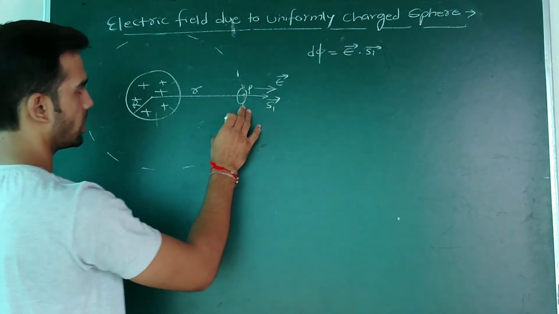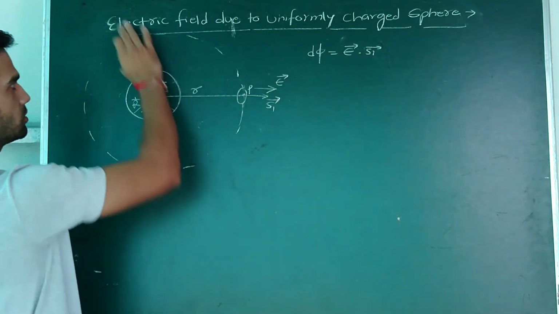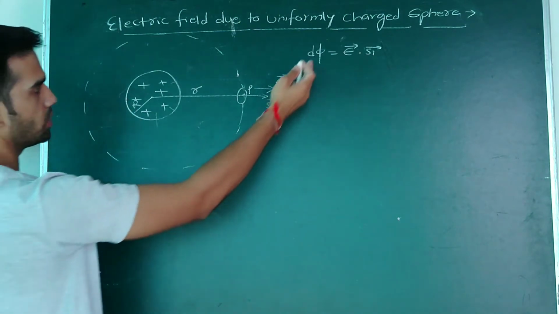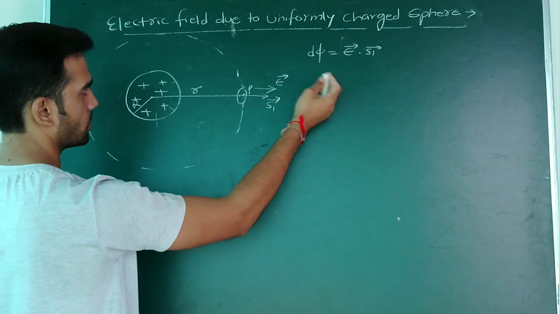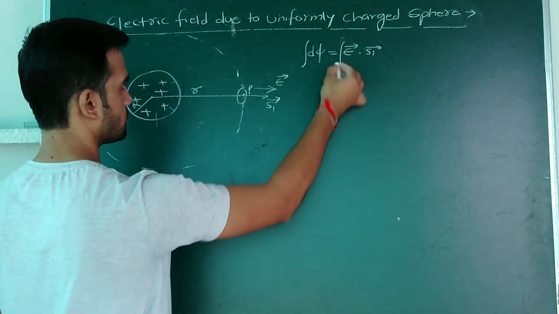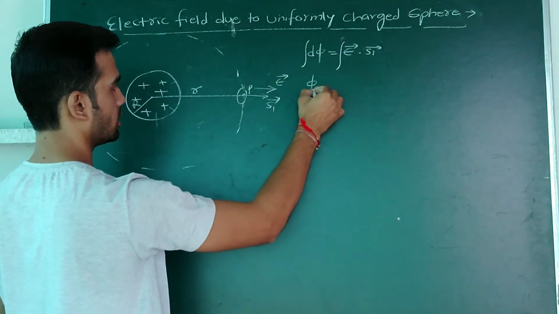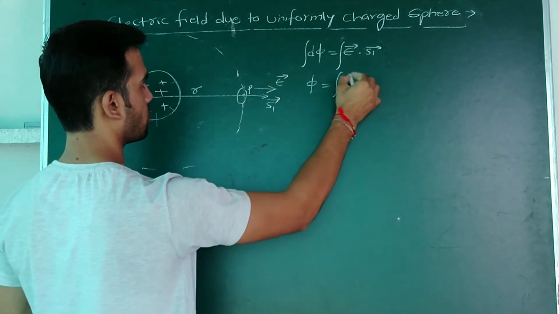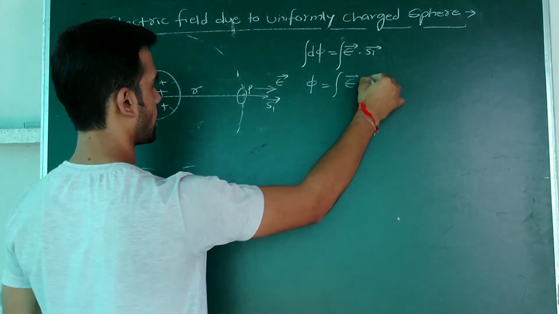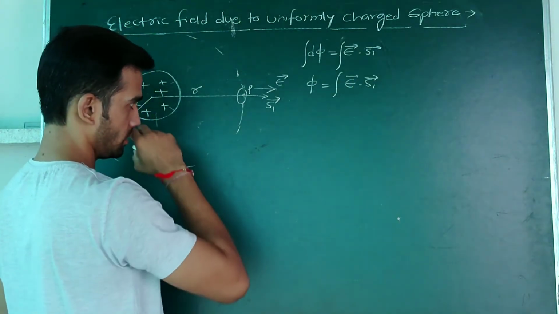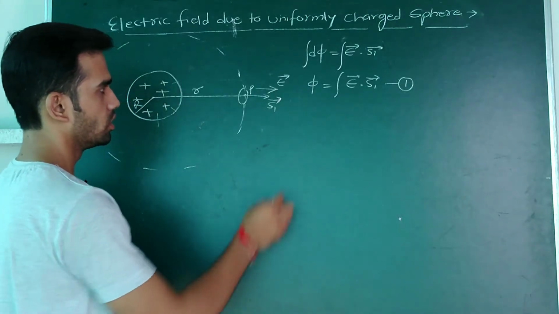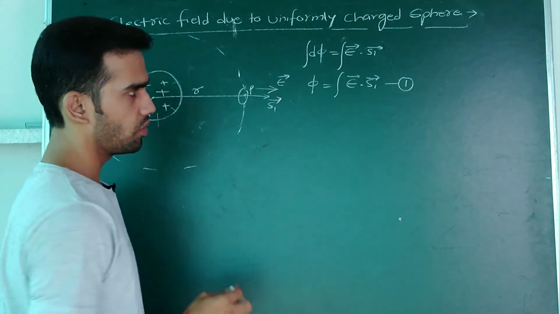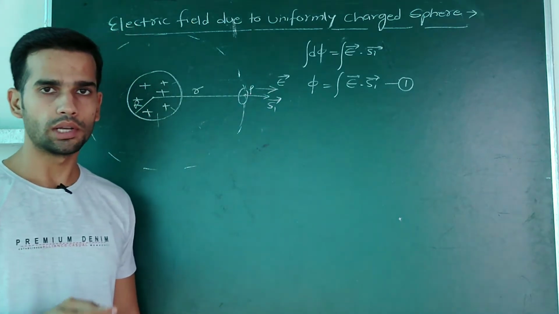If you want to calculate the total flux passing through the Gaussian surface, you have to integrate this equation. After integration, we can write phi equal to integration of E vector dot S1 vector. This is equation 1, the calculation of flux with the help of Coulomb's law.